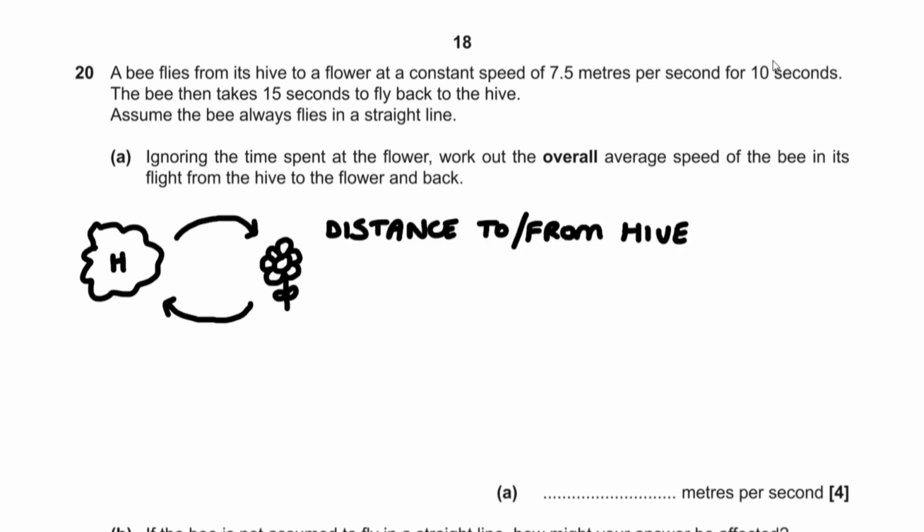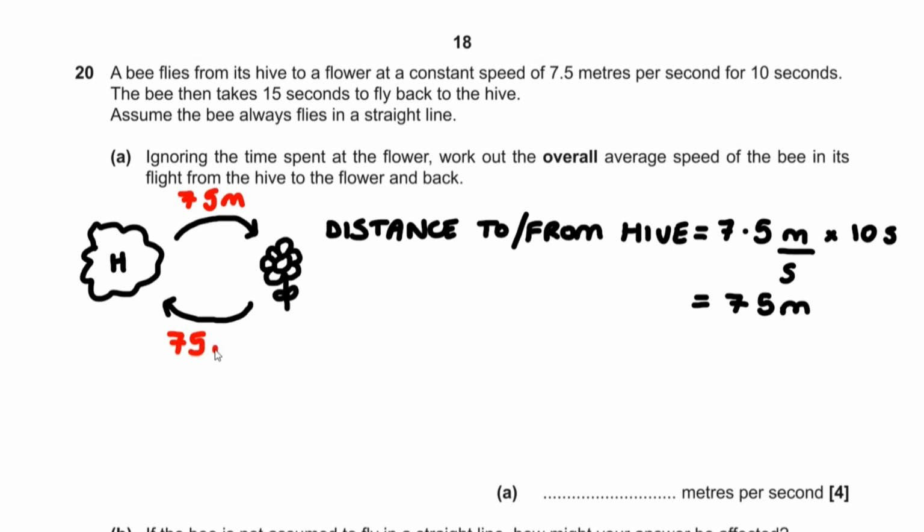So, the distance to and from the hive, we have 7.5 meters per second multiplied by 10 seconds. And what this gives us is 75 meters, which means we have 75 meters from the hive to the flower, and 75 meters from the flower to the hive.